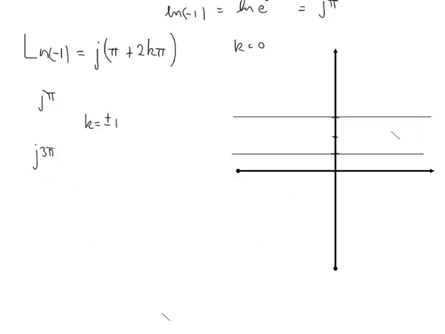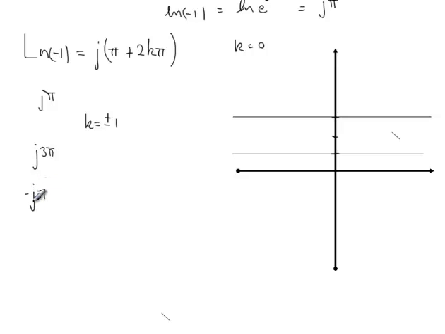Let's think of minus 1. We put minus 1 here. We're going to get minus 2 plus 1 pi. What are we going to get? Minus pi. So we're going to get y equals to minus pi.